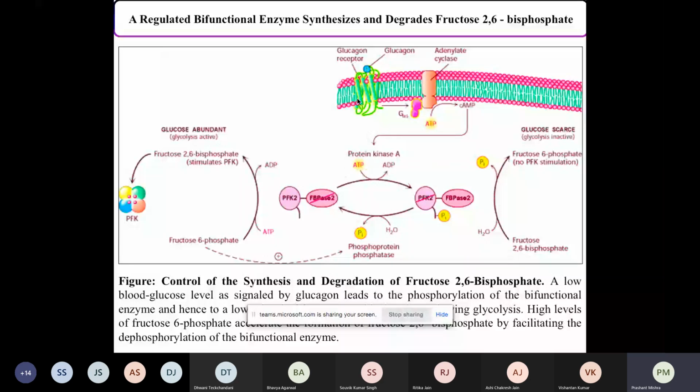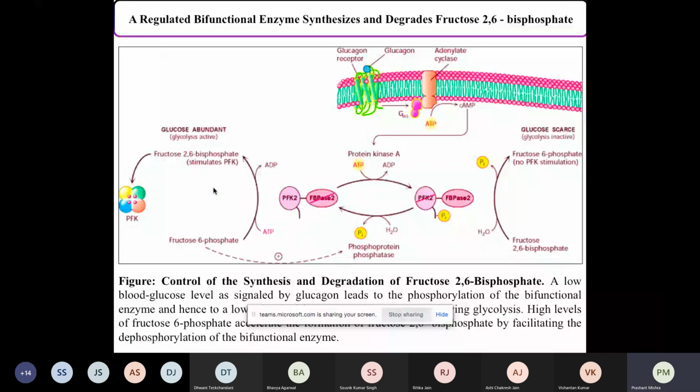So on one hand, excess glucose can activate the formation of fructose 2,6 bisphosphate, or alternatively it can lower the formation. So the formation of this molecule, fructose 2,6 bisphosphate, is what controls the reaction for the formation of fructose 1,6 bisphosphate.